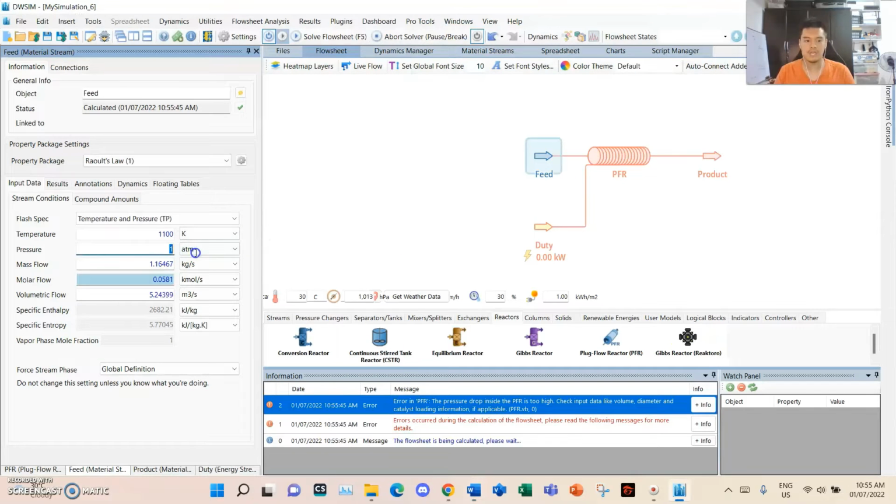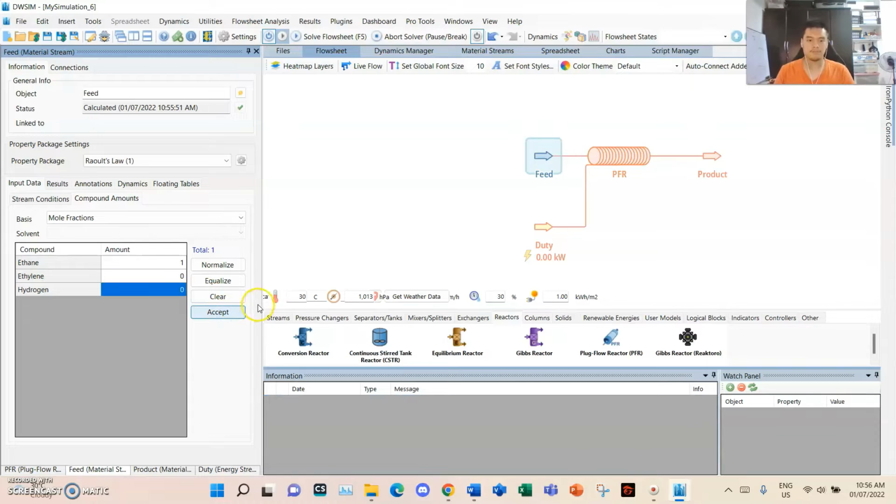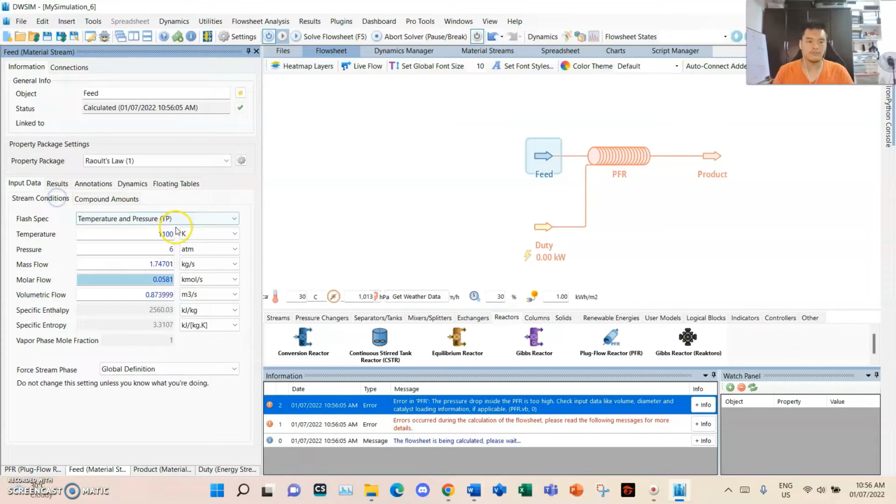So at least we have an inlet pressure specified, which is 6 atmospheres. And the compound amounts: ethane is the only one in the feed, pure ethane, so we'll put 1 and the rest as 0. Accept, double check your values, and you are ready to go.